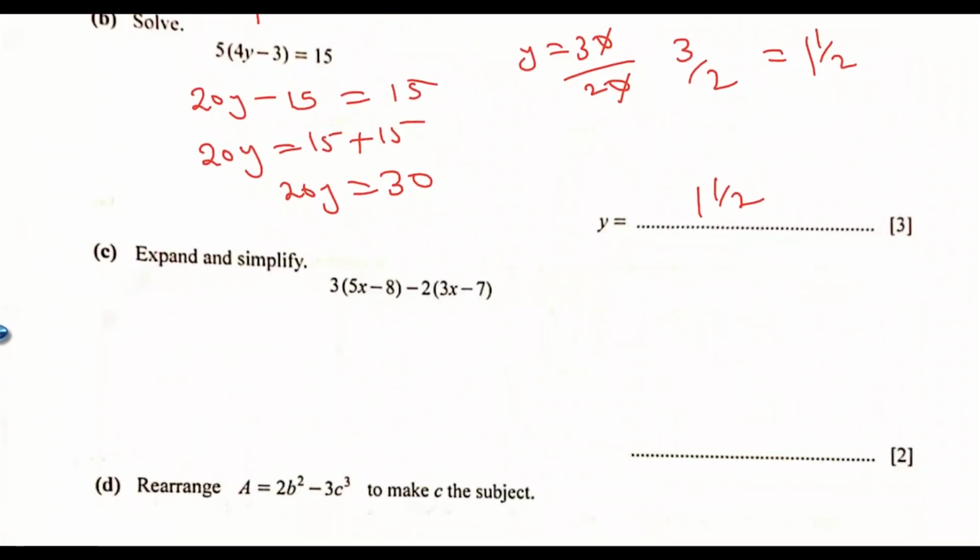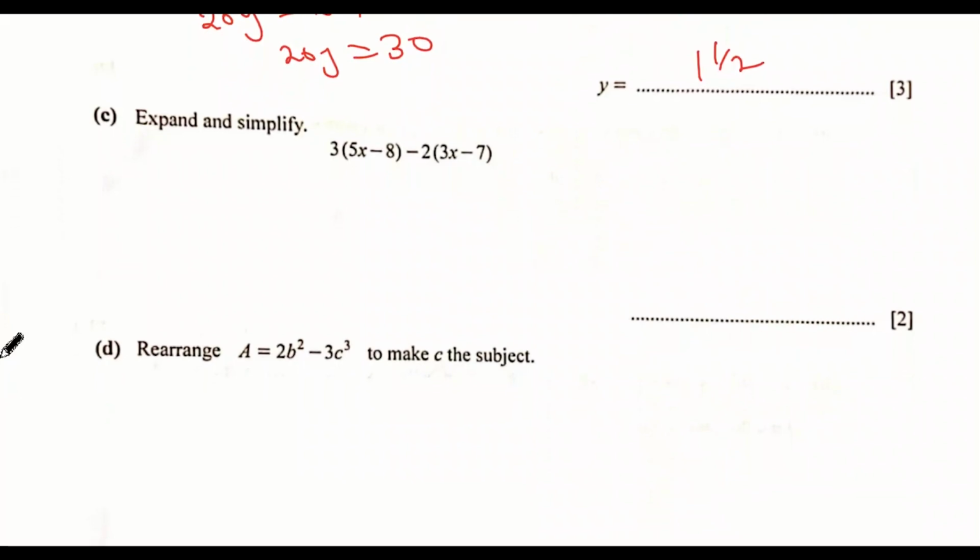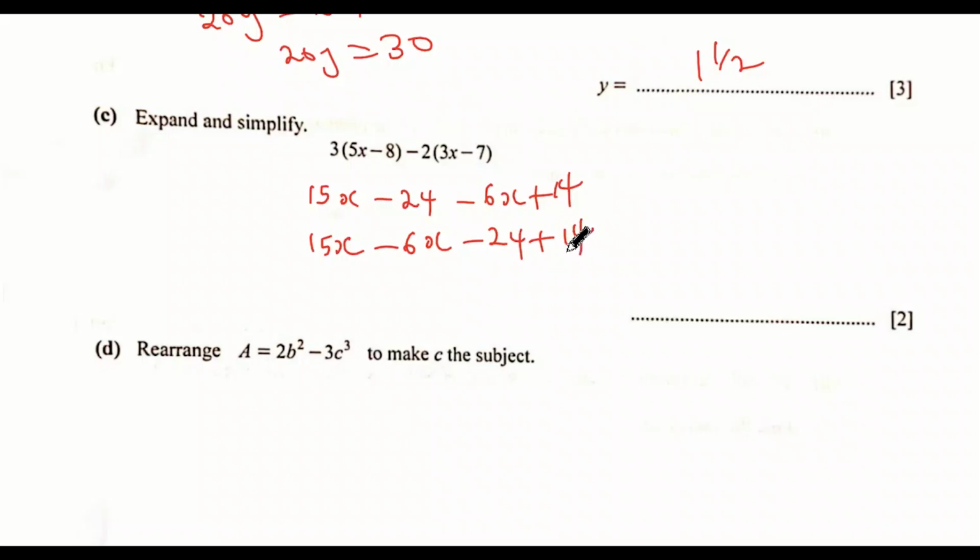So the next one, expand and simplify. So we need to expand this. We have 15x minus 24, then minus 6x, then plus 14. So now we need to collect like terms. So we have 15x, then minus 6x, then we have minus 24, add 14.